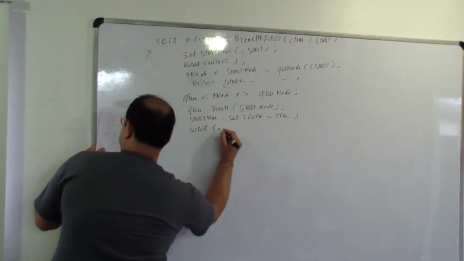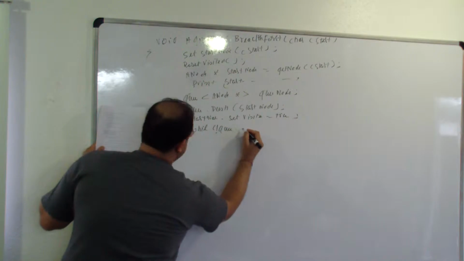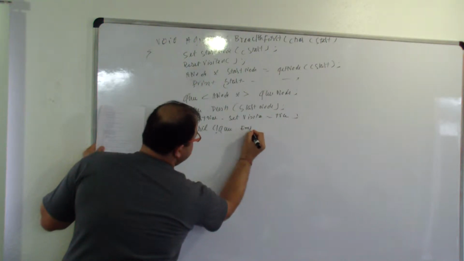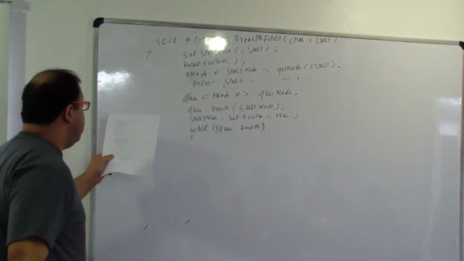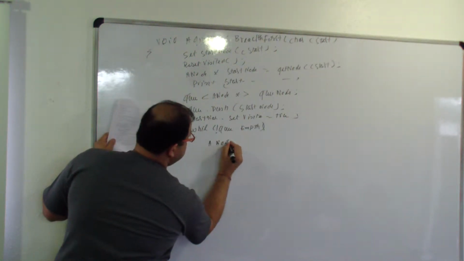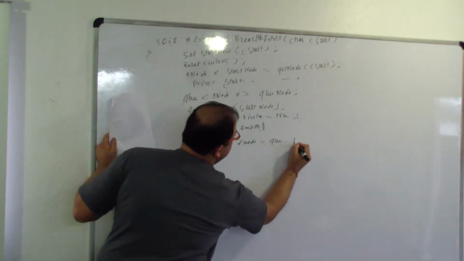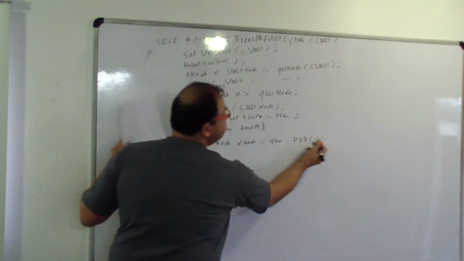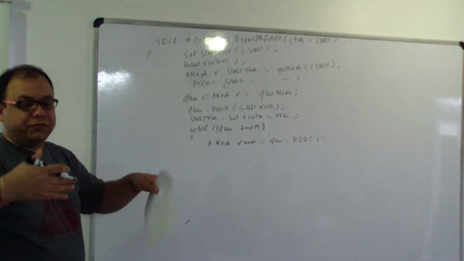So we'll check while not queue is empty, which means while the queue is not empty, we will get a node star node is equal to queue dot pop. In C++ it's different, but I'm just saying we pop the front.